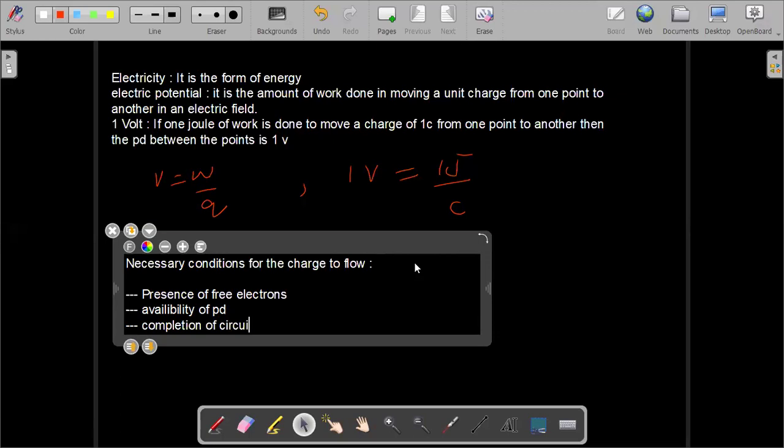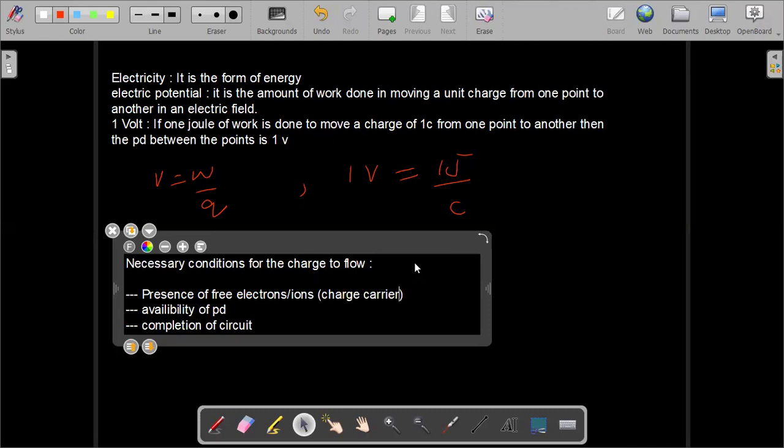The completion of circuit. First of all, there should be presence of free electrons which can transfer, or there should be ions which can transfer the charges and help in the movement of charges. So there should be presence of free electrons or ions, which we also call charge carriers. Together we can call them the charge carriers. They should be available.